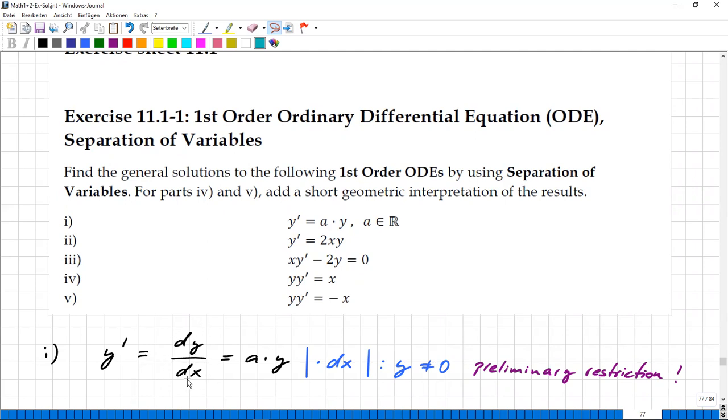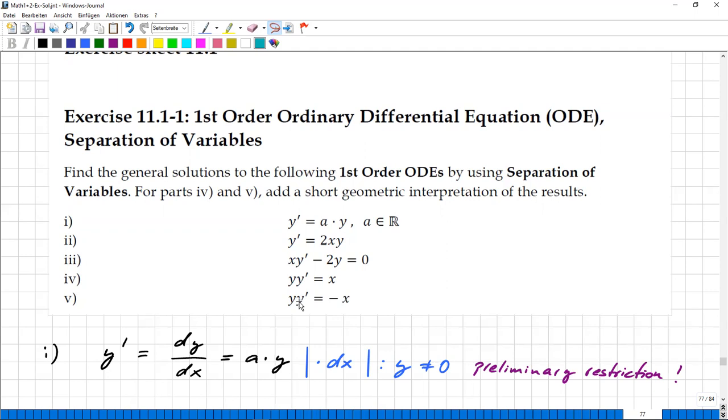So this is the classical way of writing down what we're doing. We are calculating the rate of change of y related to an according increase of x. And so that's what we do. We use this differential quotient or fraction notation, and then we set it equal to what it is, a times y.